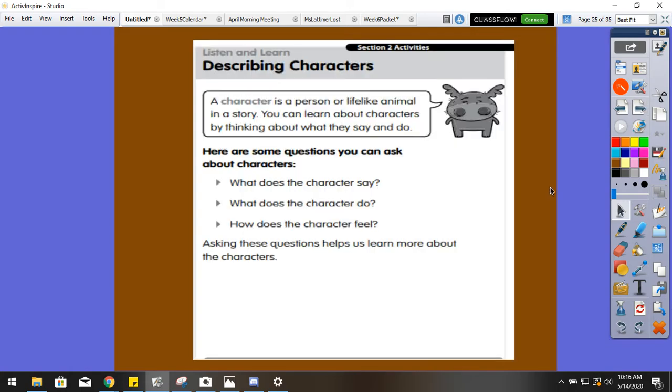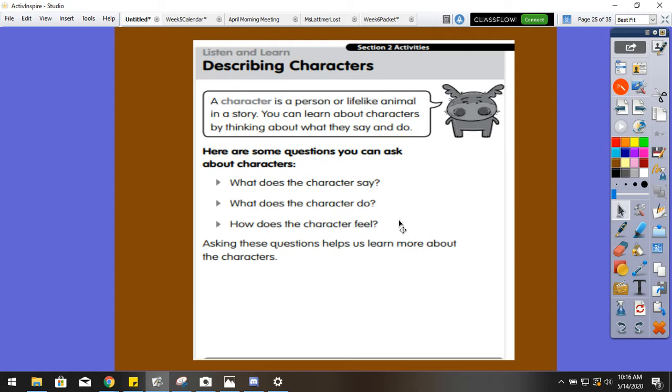One of the things that we're going to do is describe the characters in this story. So we're not just going to name the characters, we want to describe them. We want to say what the person is like. Here are some questions you can ask yourself about the characters. What does the character say? What does the character do?